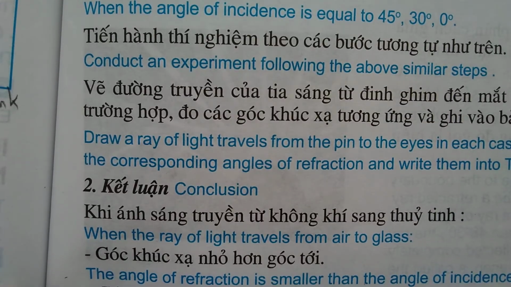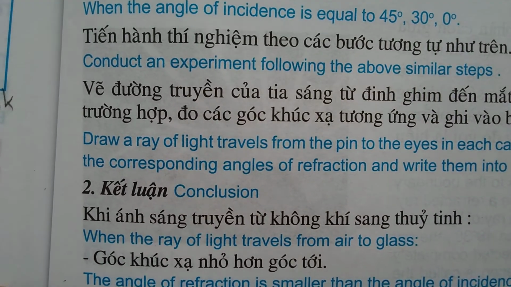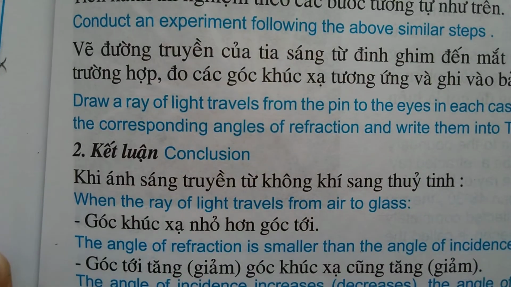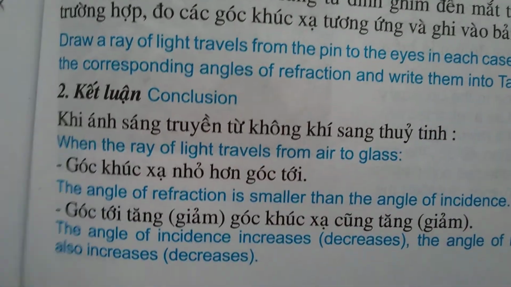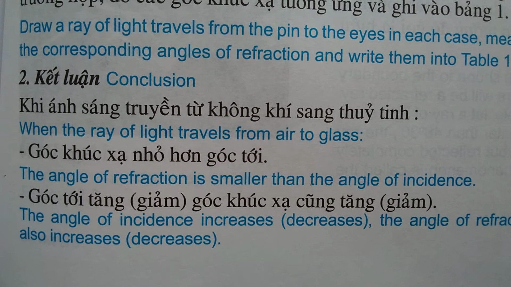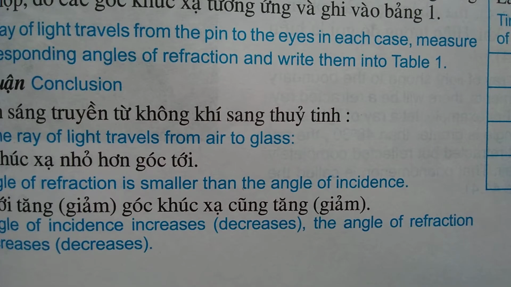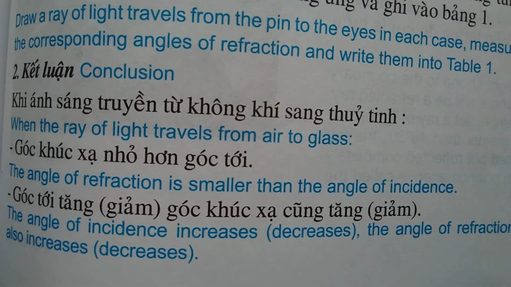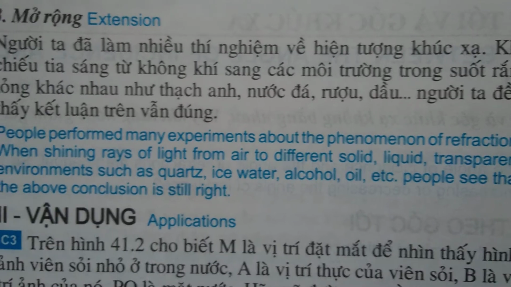Conclusion. When the ray of light travels from air to glass, the angle of refraction is smaller than the angle of incidence. As the angle of incidence increases, the angle of refraction also increases. Page 112.